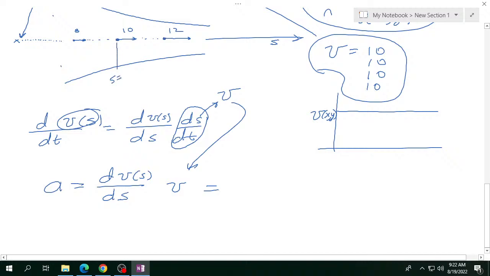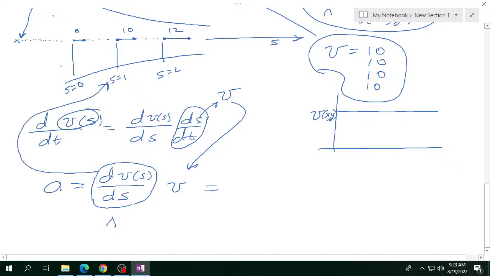Okay, now I stare at this. Let's say this is s equal to 1. I'm just making stuff up now. Let's say this is s equal to 0, and this is s equal to 2. Now, if I stare at that, what is that slope? It's the change in velocity over the change in s, so that term alone would be 2, because I increased from 8 to 10 and 10 to 12.